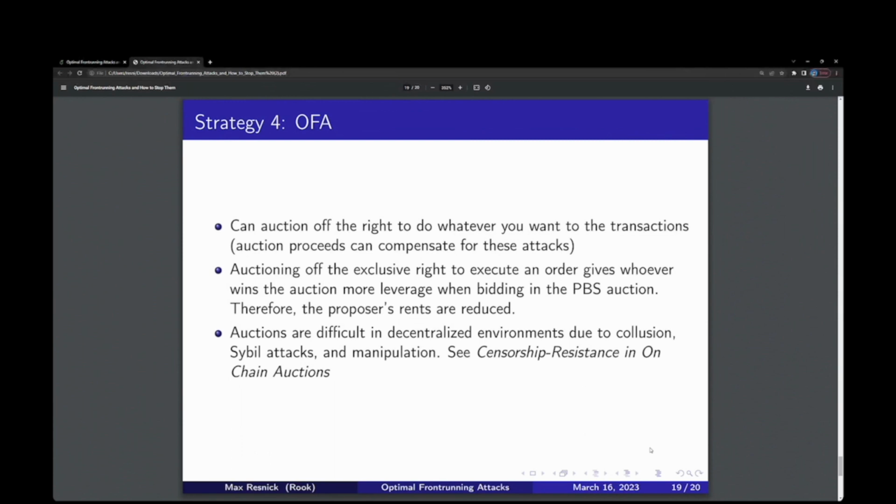And then they take those profits and they reinvest them in getting more order flow. For example, they might give rebates to their users if they're a wallet or something. And this causes them to get more order flow, more private order flow, causes them to be even more profitable. And eventually the limit of this system is a few very powerful builders with a lot of private order flow. So that's something to worry about with these order flow auctions.